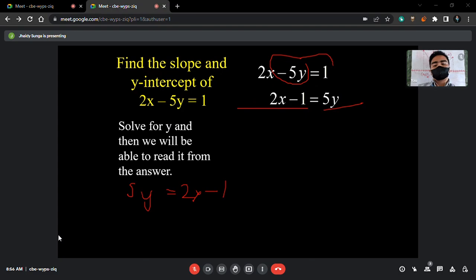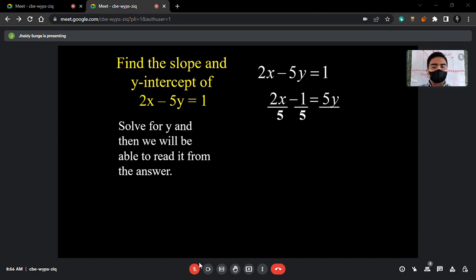Alright, so the only thing that matters is that we simply transfer the 5y because it is easy for us to compute. Having these givens, what we are going to do is to remove the 5 because we are solving for y. Why is it divided by 5? Of course, what we are going to do here is divide.